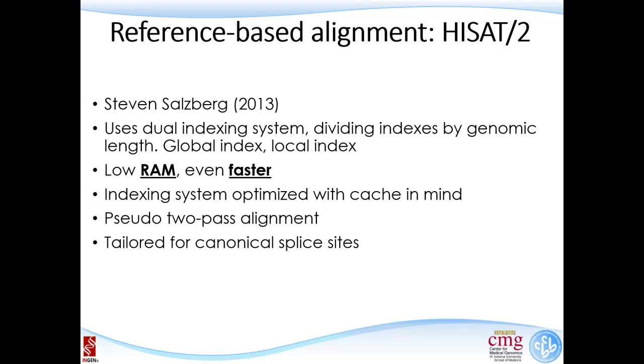Some of the fallout from that is we're stuck using outdated things. So always keep in mind that there could be something better out there. The biggest advantage for HISAT2 compared to some of these older techniques is low RAM, and it's actually even faster. So it solves the RAM issue from STAR, and it still brings the speed.